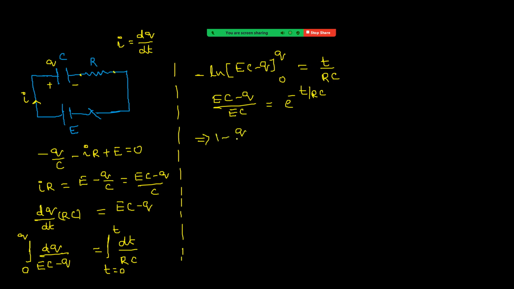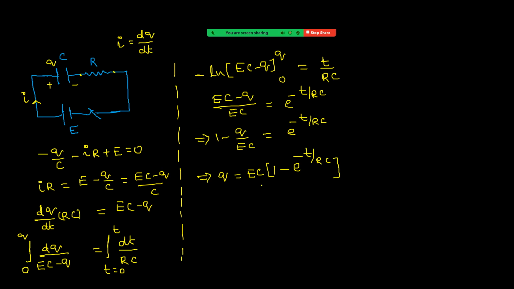So 1 minus q upon EC is equal to e power minus t by RC. So from this, taking this to the other side, it becomes q equal to EC into 1 minus e power minus t by RC.